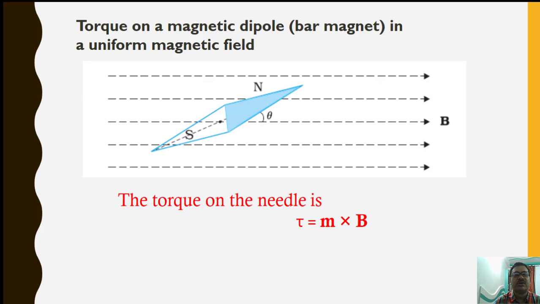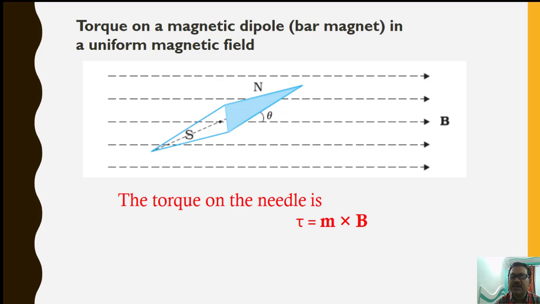Next topic is torque on a magnetic dipole, bar magnet, in a uniform magnetic field. This expression is similar to torque on an electric dipole in a uniform electric field. In this condition, we can see that a magnetic field B is there, and we put a compass dial in which the north pole, the magnetic axis, making an angle theta with the B. In this condition, this compass dial will experience a torque.